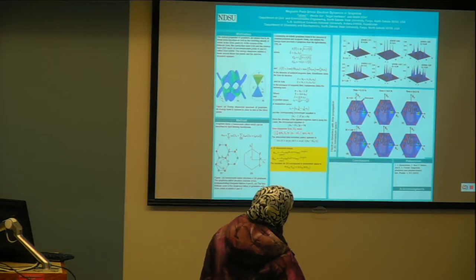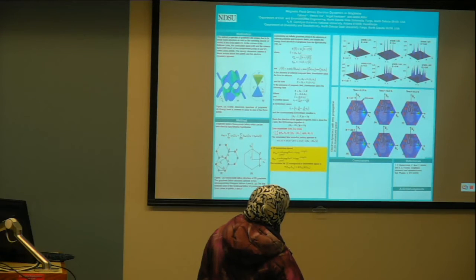Okay, so there are two ways to propagate a wave function in time. Suppose our goal is to start with this wave function at time 0 and obtain the wave function at time bigger than 0.